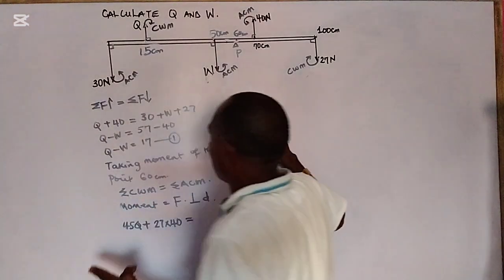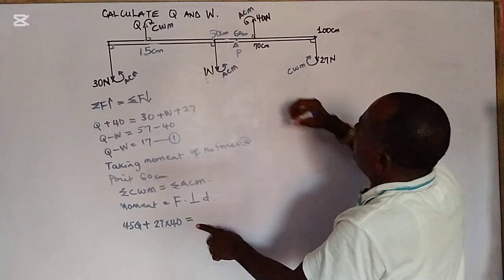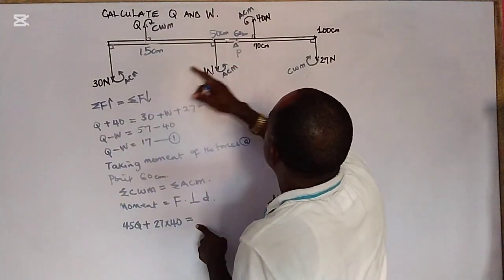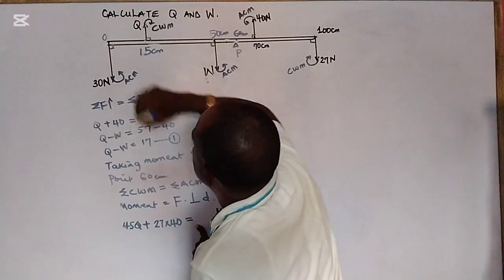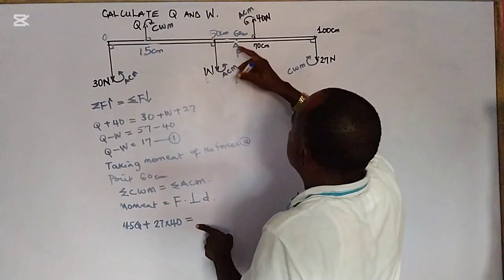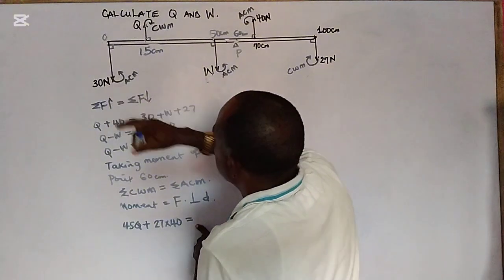So the next thing we're going to do here is change to anti-clockwise. This is anti-clockwise from the pivot down to this point. This point is the 0 point. It will be 60 minus 0. The distance is 60 centimeters, times 30 Newton.